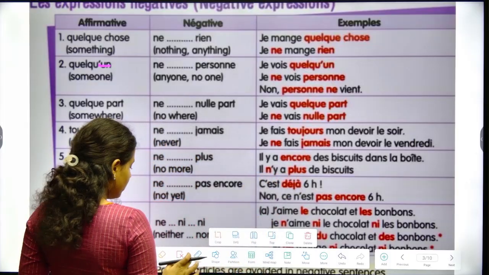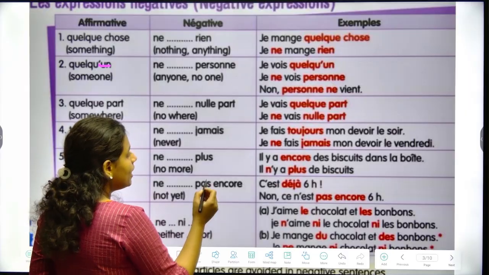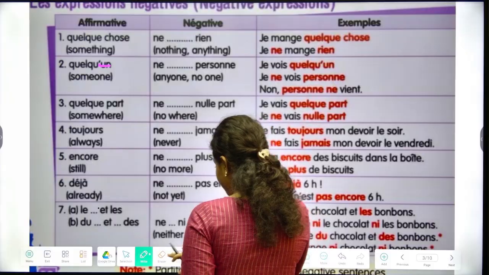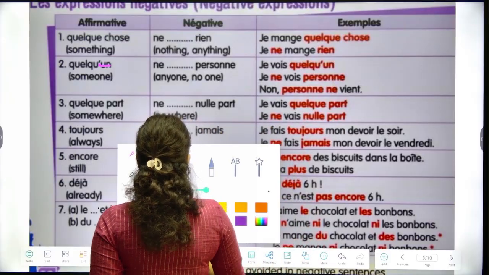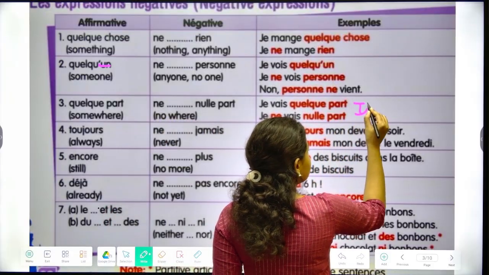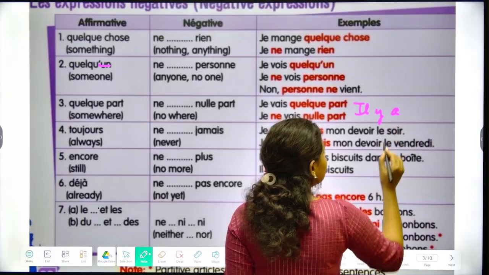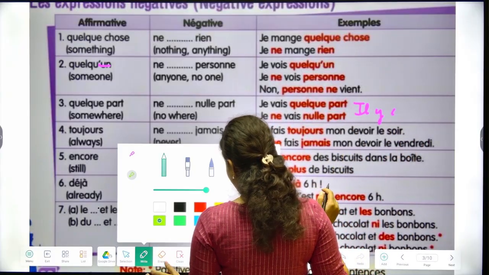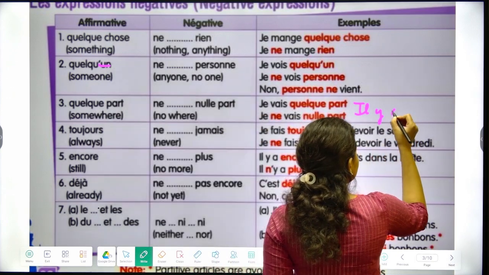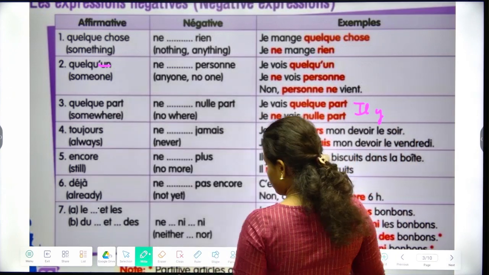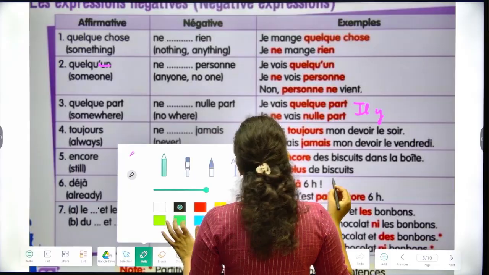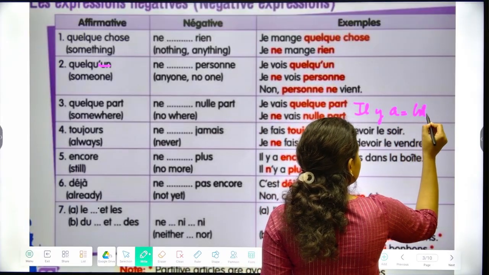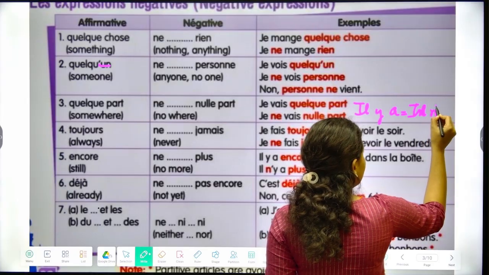And you must know that whenever we have the il y a expression, how do we negate? Il y a is negated by il n'y a pas.